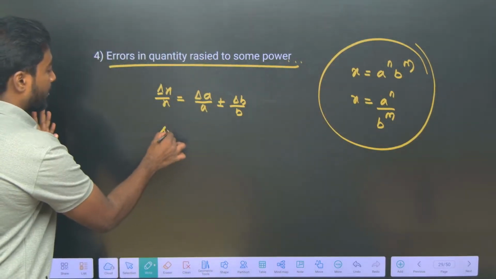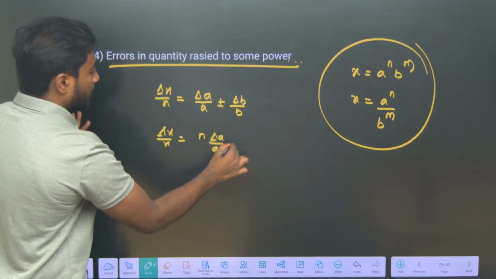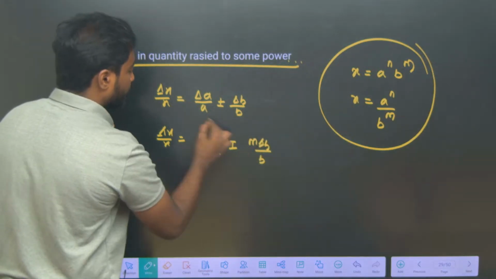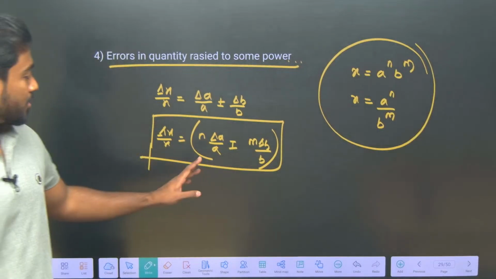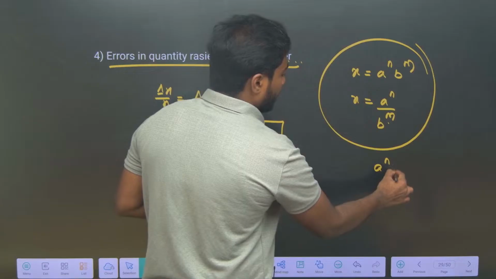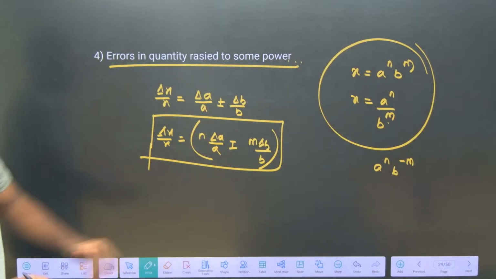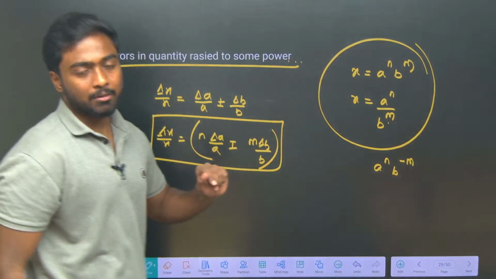So delta x by x will be equal to n into delta a by a plus or minus m into delta b by b. This is the case. So when we see a power n b power minus m, multiply the number before that. That's it. We will get the answer for this question.